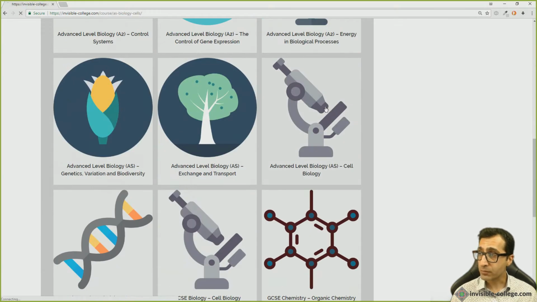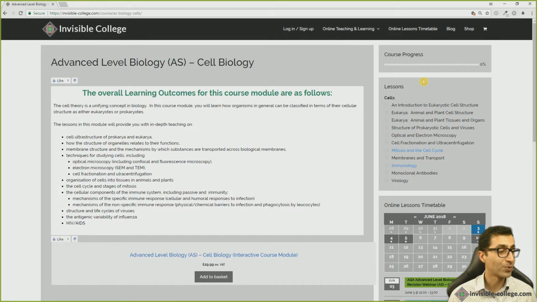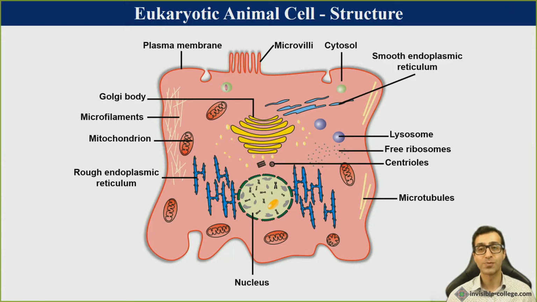So again, I know those of you who are in attendance in the private Zoom room, many of you already have access to this, and the LSWAP consortium students already do. But in the first few lessons, particularly the one on animal and cell structure, we go into the cytoskeleton in a lot more depth there. So if you are interested, please do check out that course module as well.